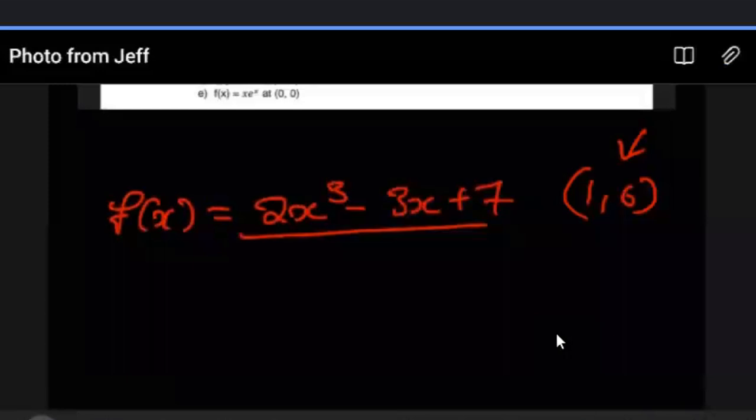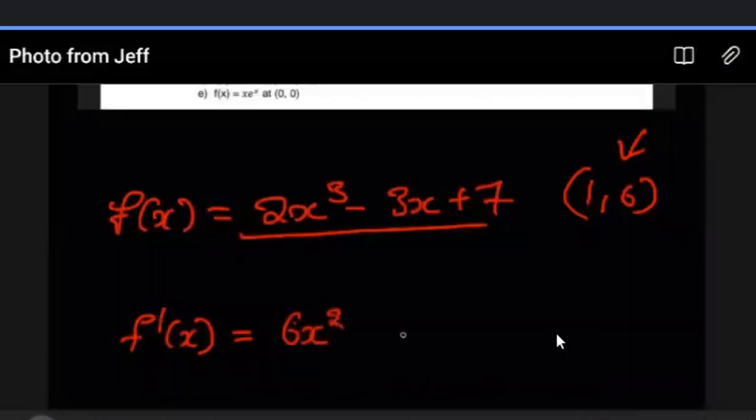The gradient is equivalent to the derivative of the function at that point. When I differentiate this, the derivative of 2x to the power 3 will be 6x to the power 2. The derivative of 3x would just be 3. The derivative of 7 will just be 0.